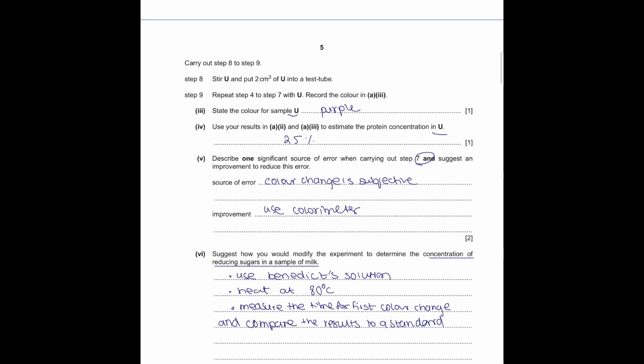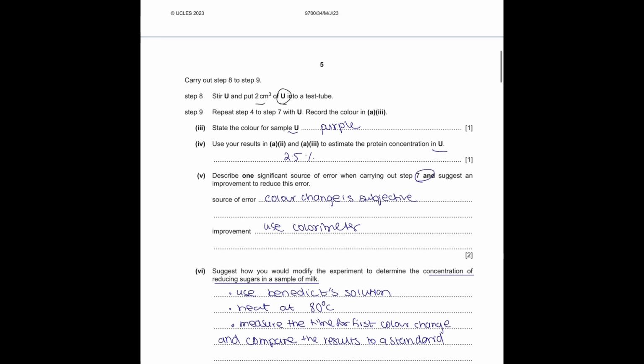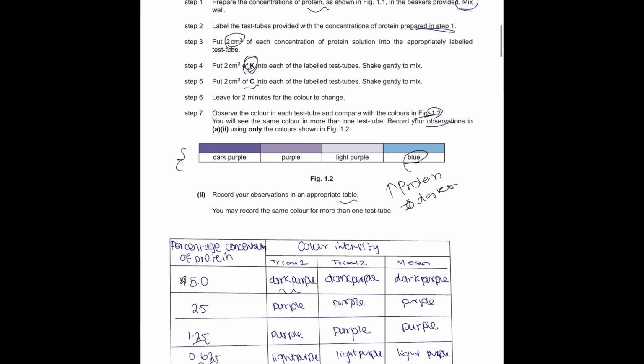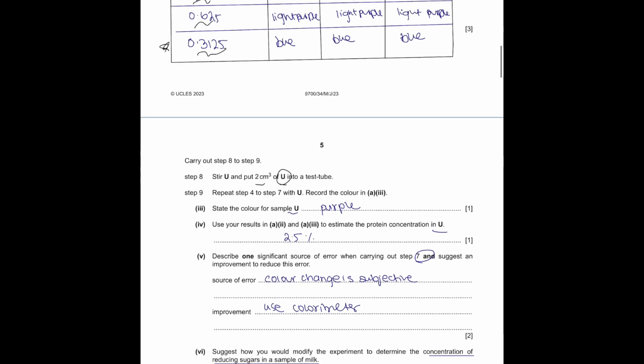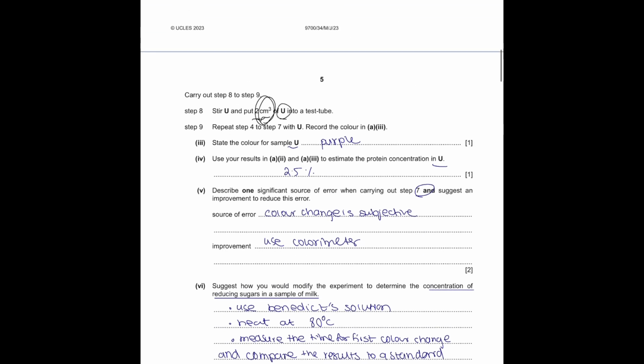Okay, and then it asked me to stir U and put 2 cm³ of U, and you guys should be sure to read the volume that he kept here. So he said 2 cm³ of each concentration, because for the unknown he'll ask you how much amount. In any other paper he can ask how much amount of U you have to put, and then you'd say 2 cm³.